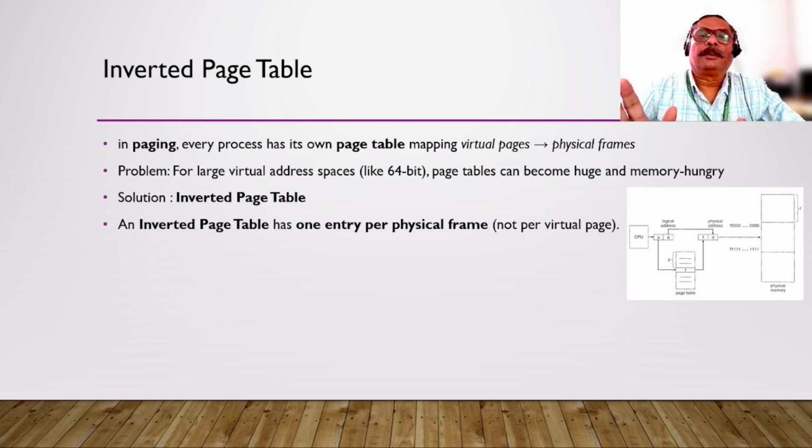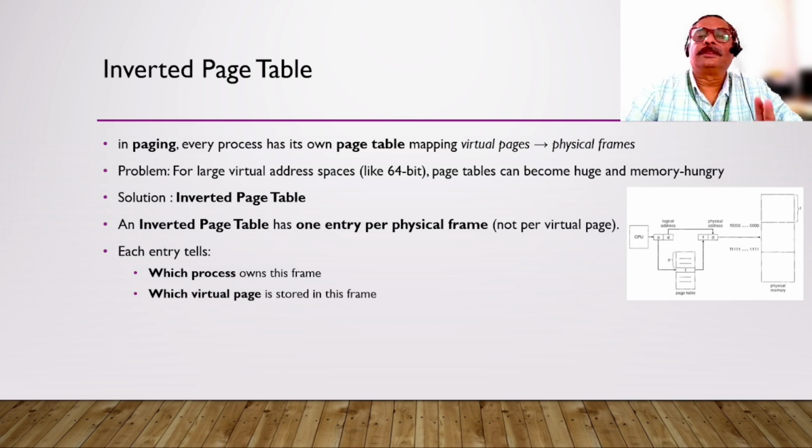So we have a fixed number of physical frames, therefore we will have a fixed size, and instead of working with one table per process, we are working on a global level. So here each entry tells which process owns this particular frame.